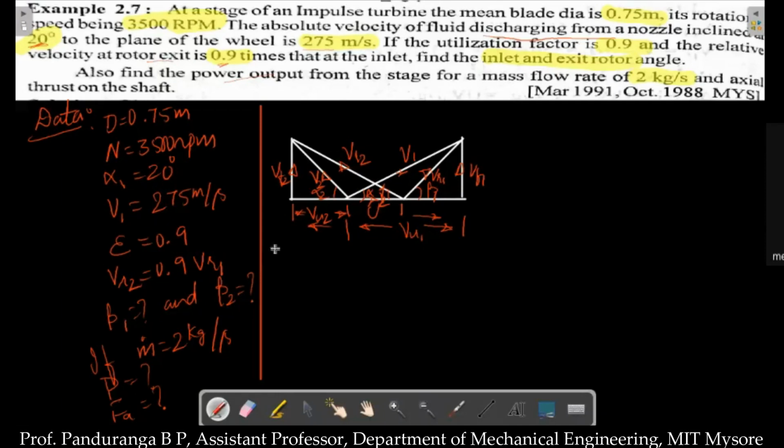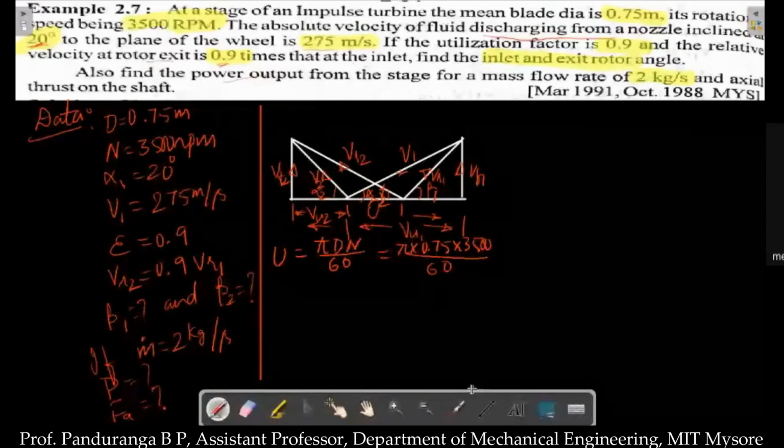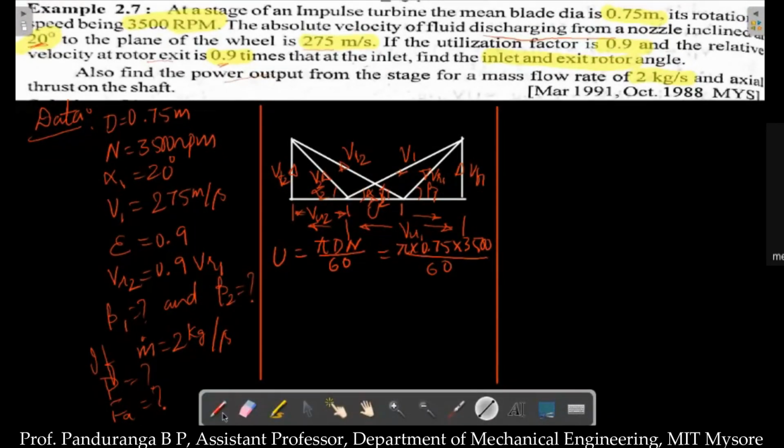U, we need to calculate U. U is given by pi D N divided by 60, or pi into 0.75 into 3500 divided by 60. So when you calculate, U will be equal to 137.44 meters per second.